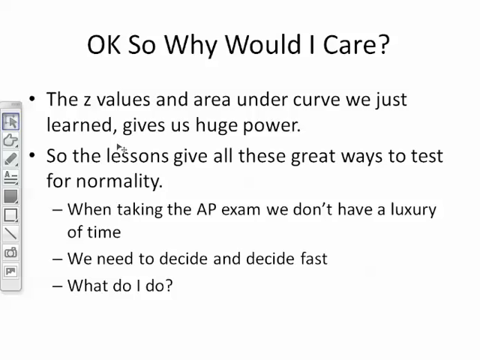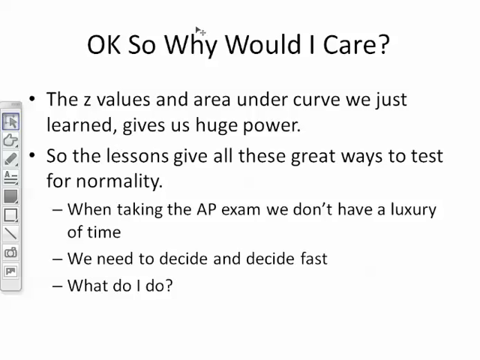It took me a while to run through that lesson and figure out if something was normal their way. I didn't like that. We need to decide fast if it's normal, and give the AP test people something that we can live with and move forward with, and say that it is a normal distribution.